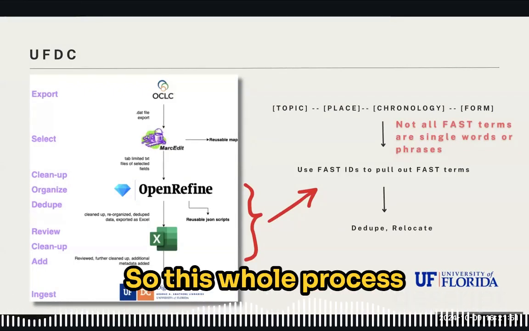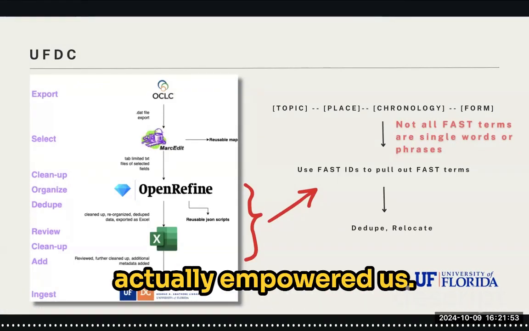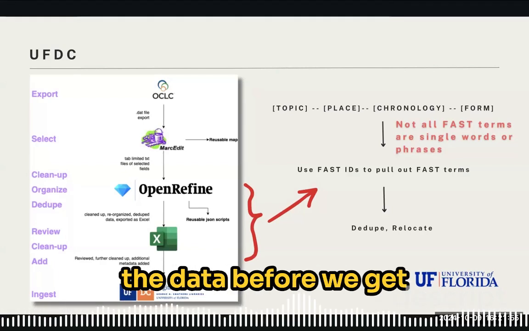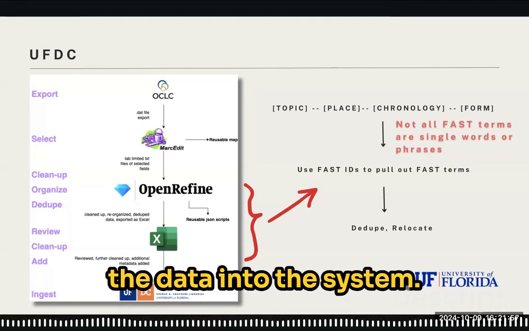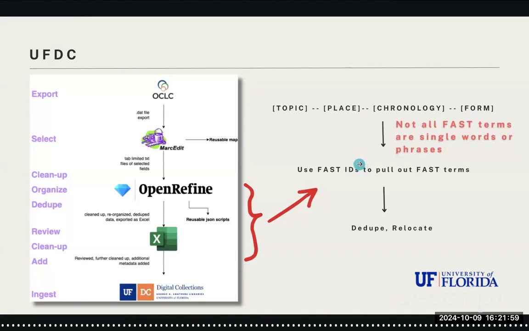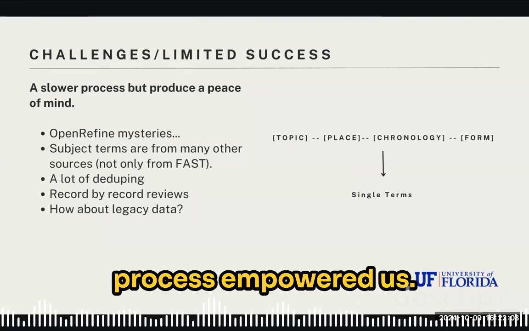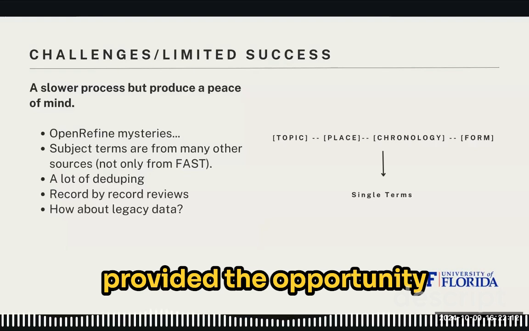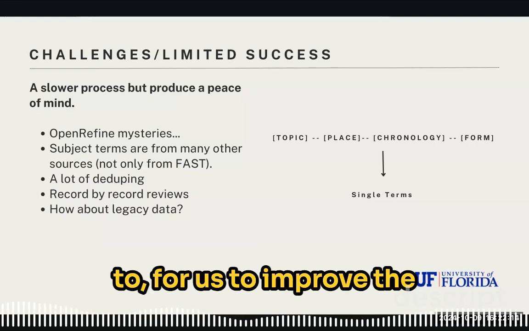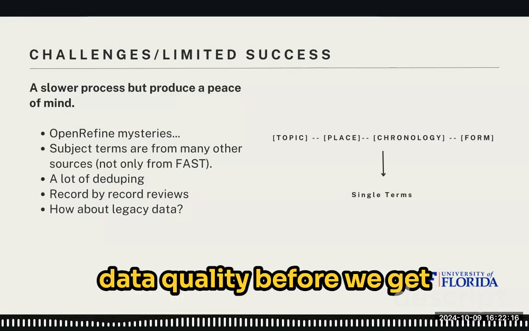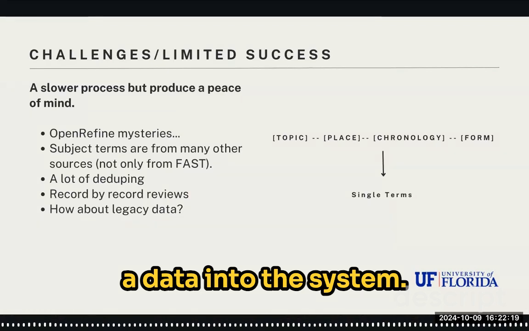So this whole process actually empowered us. We did what we should do, which is clean up the data before we get the data into the system. We have to say, this process provides the opportunity for us to improve the data quality before we get the data into the system.